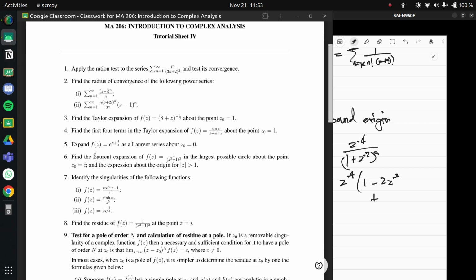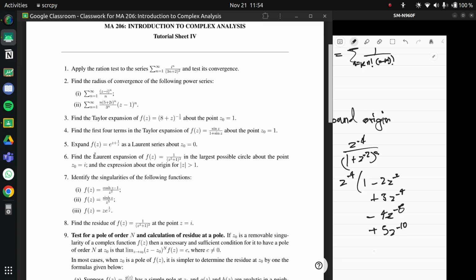Then plus, minus 2 minus 1, 2 times 3 upon 2 factorial, so it cancels and it's just plus 3 z to the power negative 4, then minus 4 times... 4 z to the power negative 6, plus 5 z to the power negative 10.